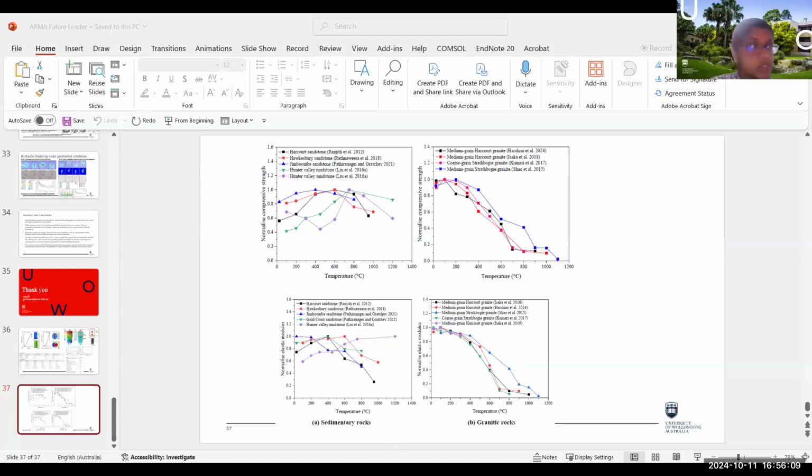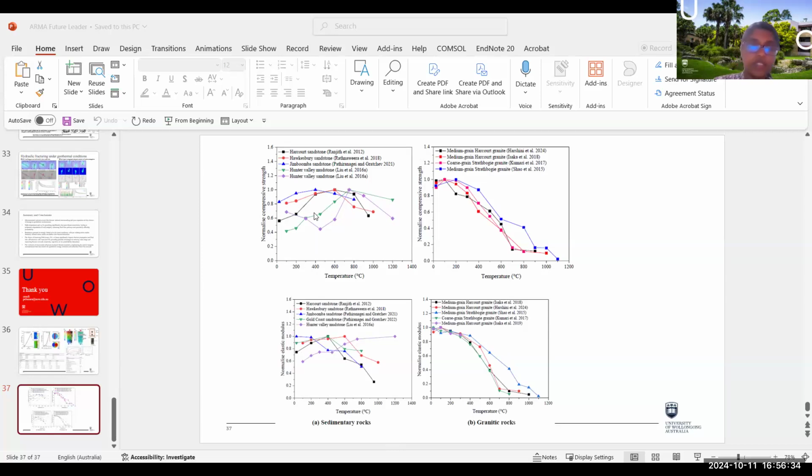So this slide shows the change of normalized compressive strength, which means they have normalized temperature-dependent compressive strength with compressive strength at room temperature. And when it comes to sedimentary rocks like sandstone and mudstone, the reduction even happened beyond 600 degrees.